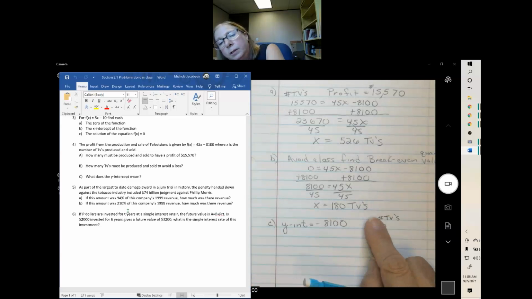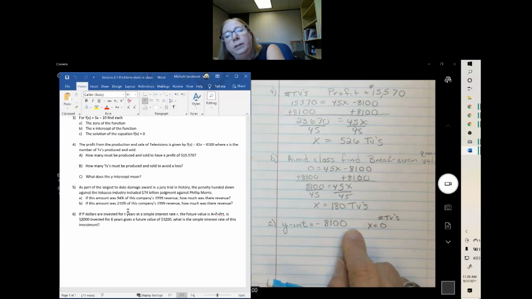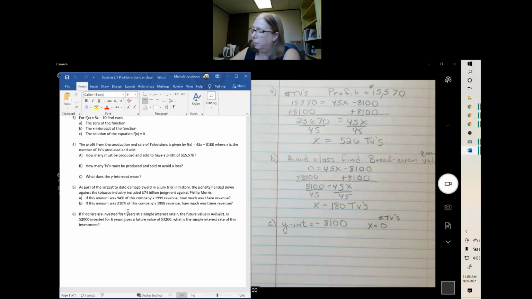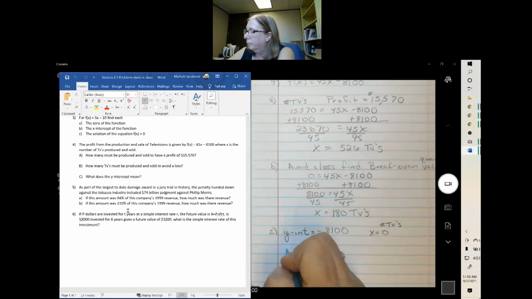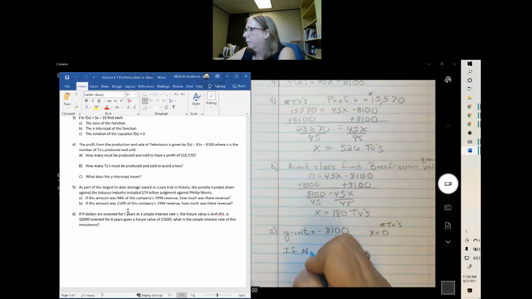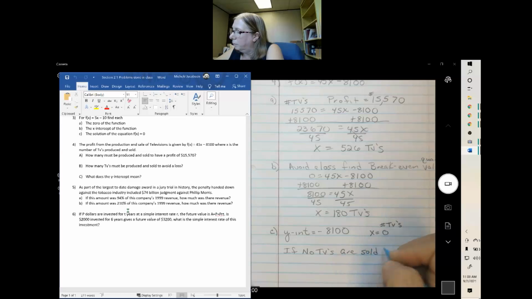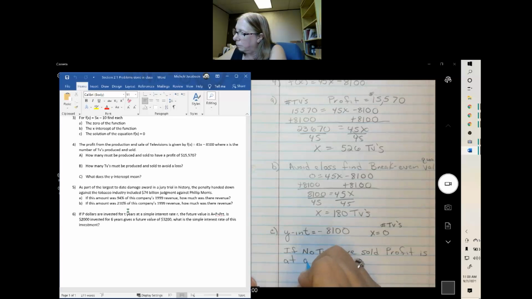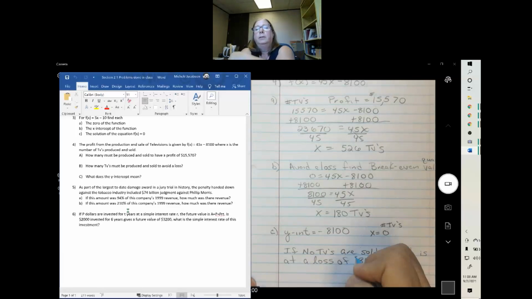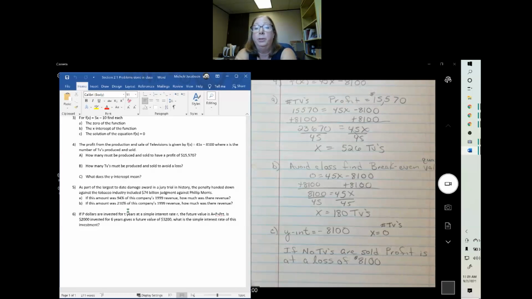So if no TVs are produced and sold, you're at a loss of $8,100. So the negative means it's a loss. You're at a loss of $8,100, or you still owe $8,100.